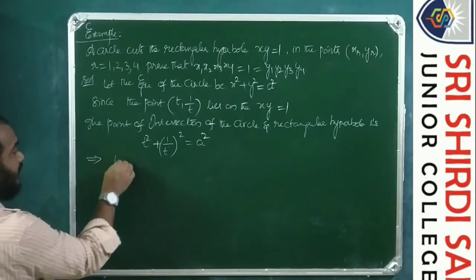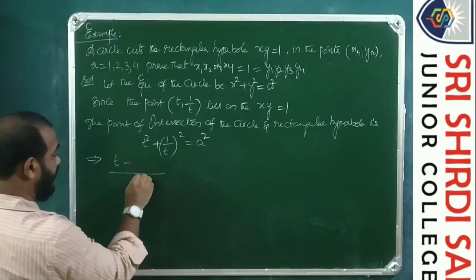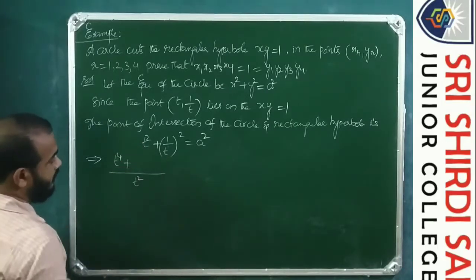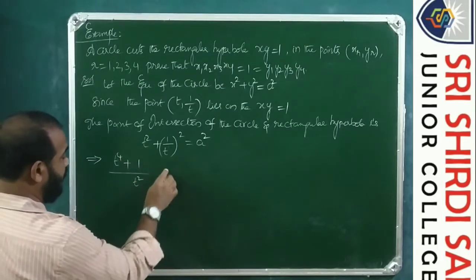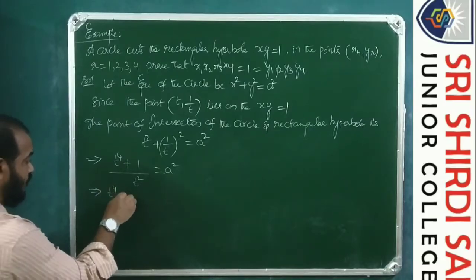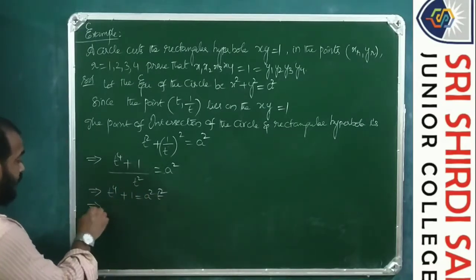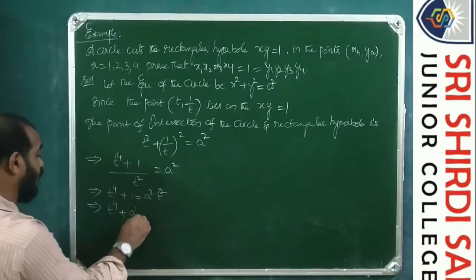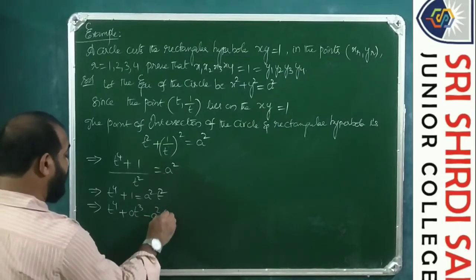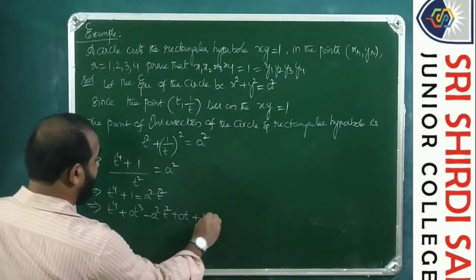So this is t square plus 1 by t square. So LCM is t square. T square into t square, t power 4 plus 1 is equals to a square t square. So this is t power 4 plus 0 t cube minus a square t square plus 0 t plus 1 equals to 0.